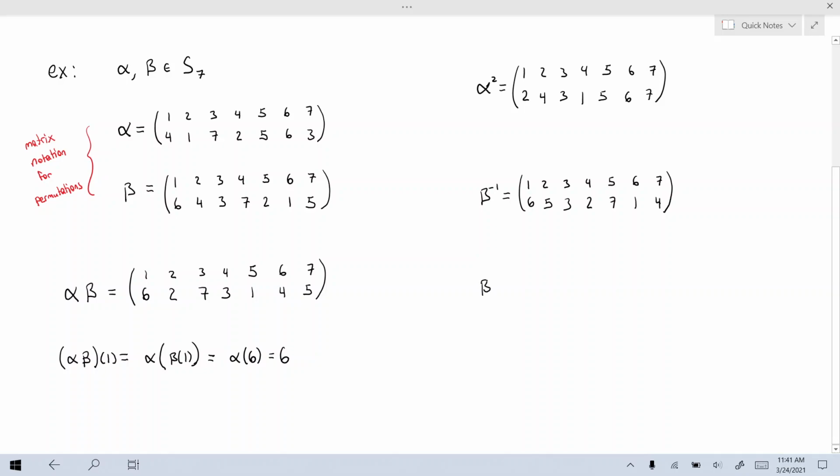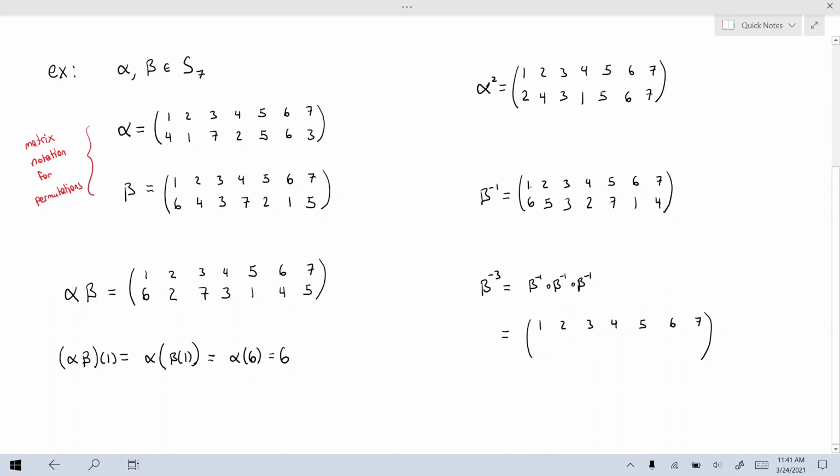Let's say we want beta to the power of -3. Okay, so this is beta inverse composed with itself 3 times. So let's see.